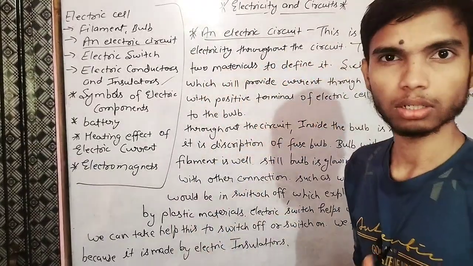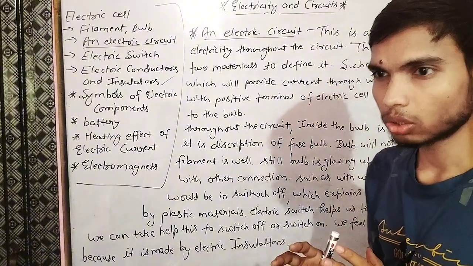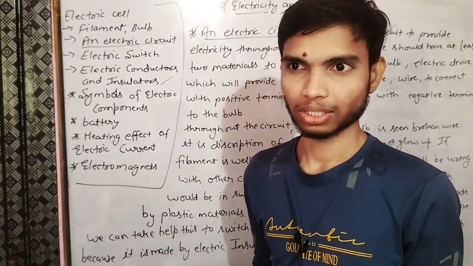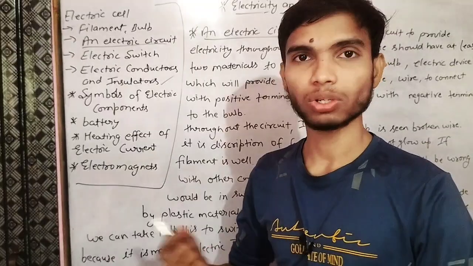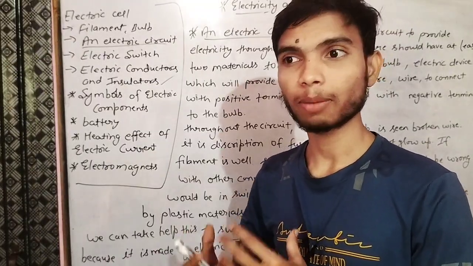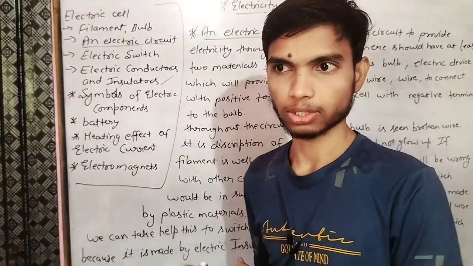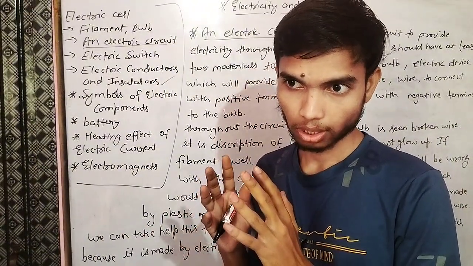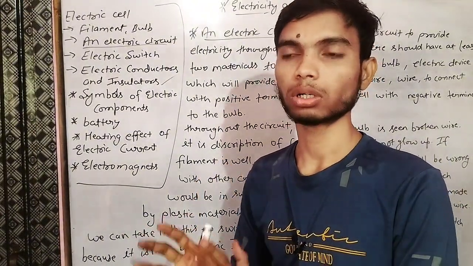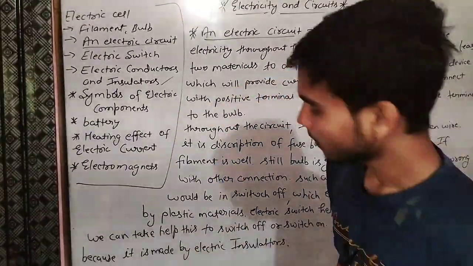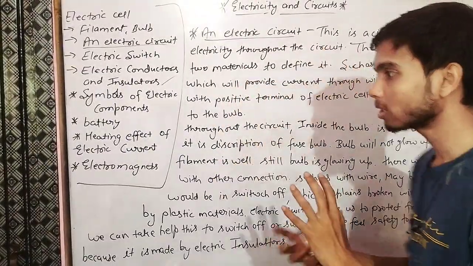All these are insulators that don't want to get attached with electricity. So we can say insulators are bad conductors for electricity, whereas electric conductors are good conductors.